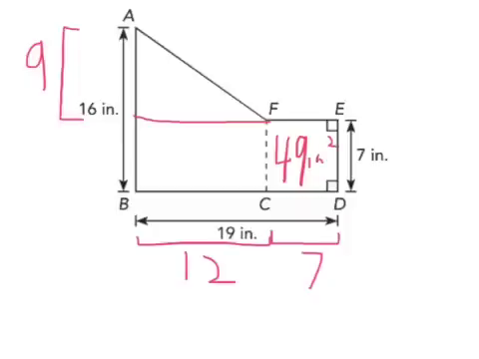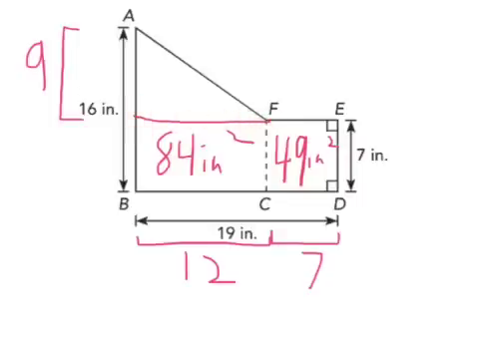Now what about this rectangle here? It's got a length of 12 and a height of 7. So hopefully off the top of your head, if you've memorized your multiplication tables, you should know that that is 84 inches squared. And then what about this triangle? The triangle's interesting.